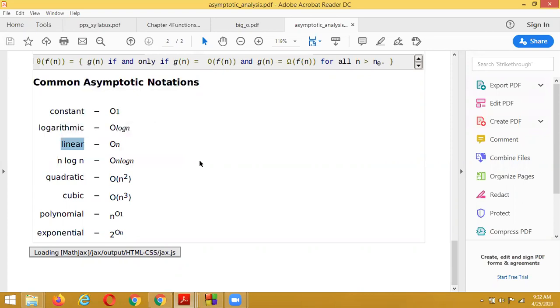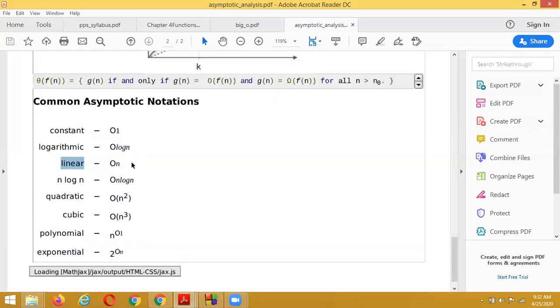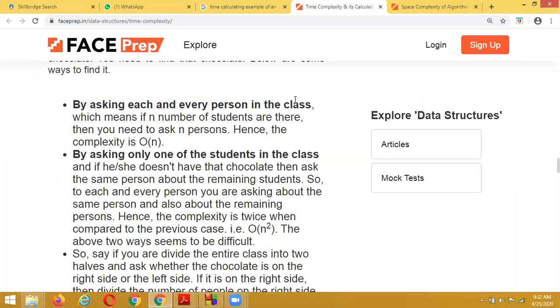These are the things we use for representing time complexities. And space complexity, what does it indicate?